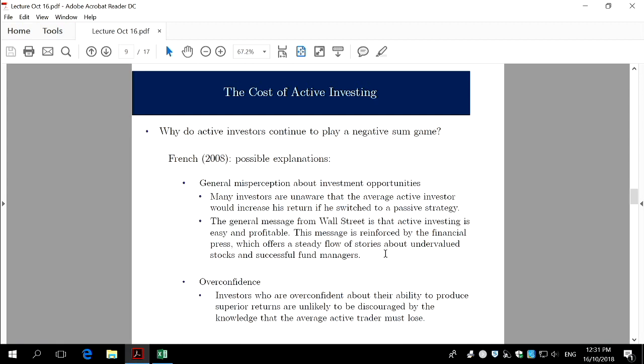I mean, it's not really a conspiracy theory, but Wall Street wants to defend their jobs, defend their role, right? So they can consistently provide stories about very successful superstar fund managers, and also stories about a lot of undervalued stocks in the market. If you really believe this picture, you will believe that active investing is very easy and profitable, but this picture is simply wrong. It's sort of misleading.